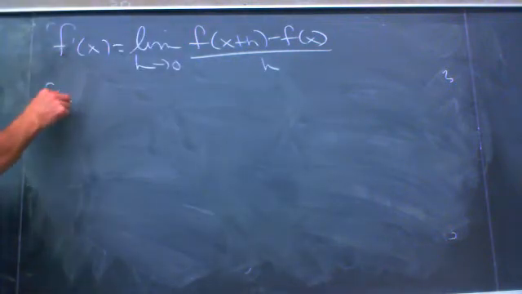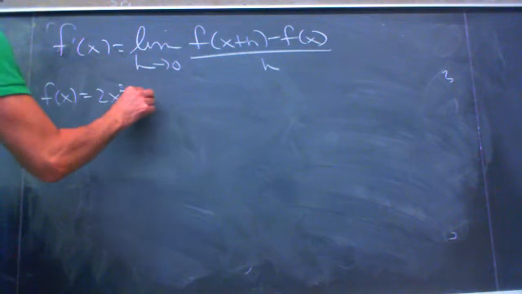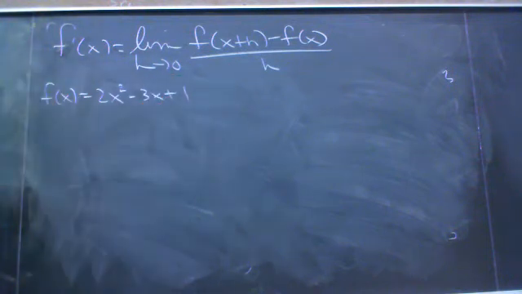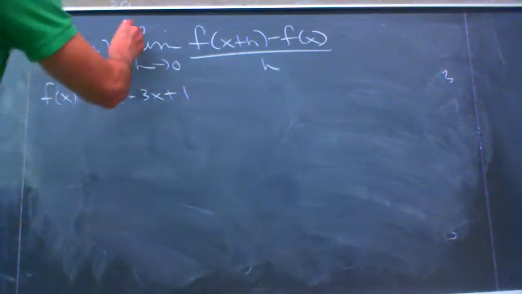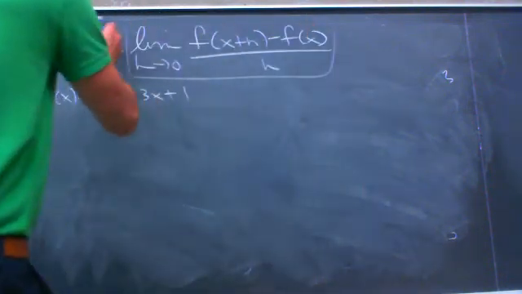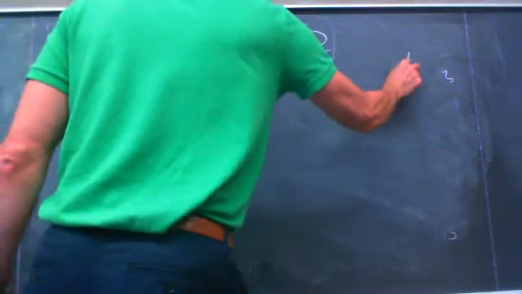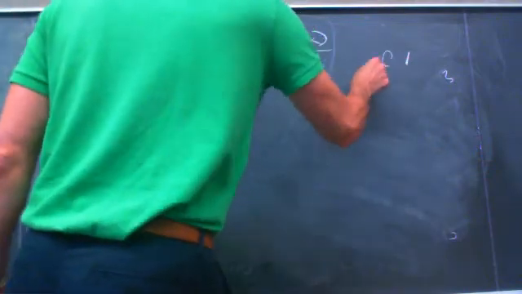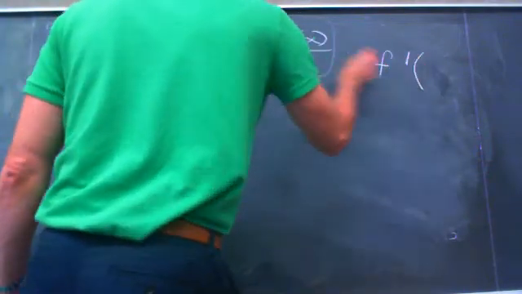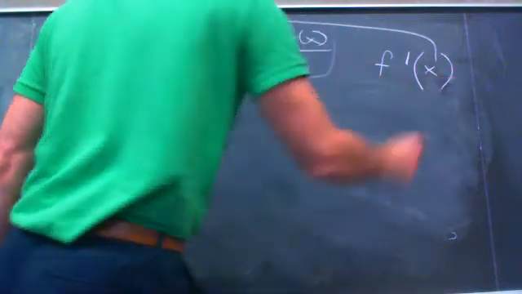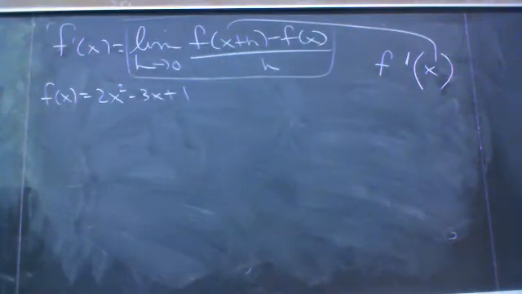So if f of x equals 2x squared minus 3x plus 1, I want f prime of x. This time, notice, look at this notation. This is the derivative of this function, which will be f prime, at x. That's what that means notationally.